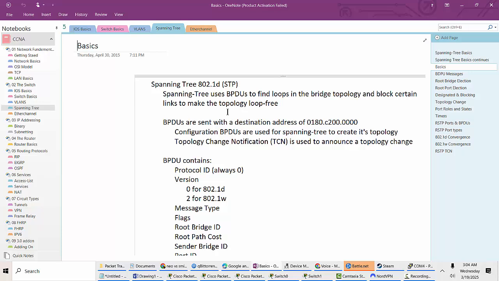However, configuration BPDUs are used for spanning tree to create its topology, and there are topology change notifications. TCNs are sent out when a link is added or a link goes down, to recalculate spanning tree with the BPDUs.